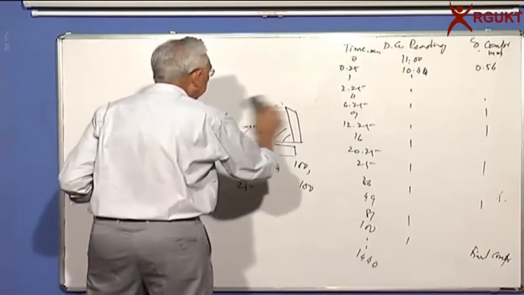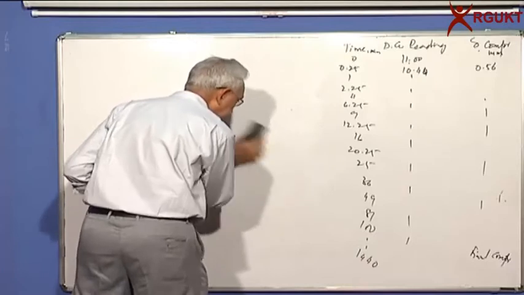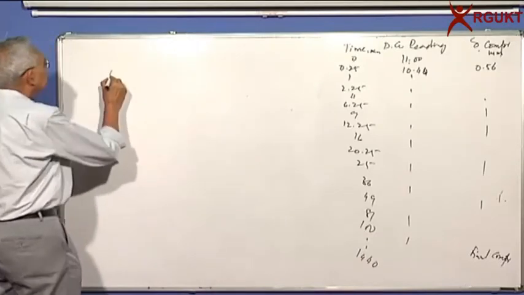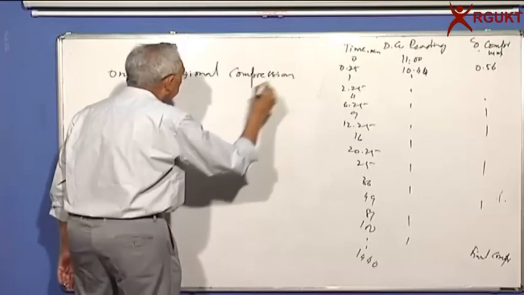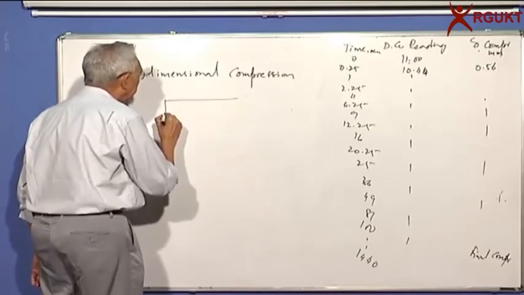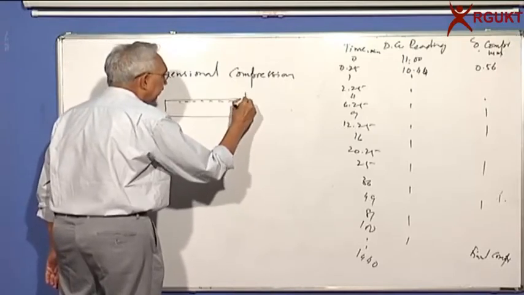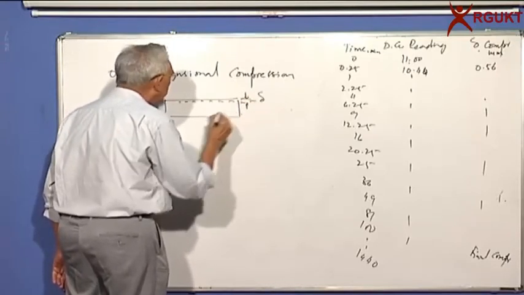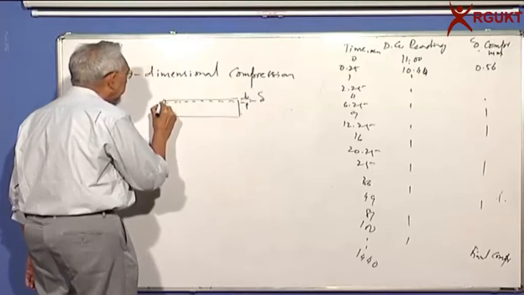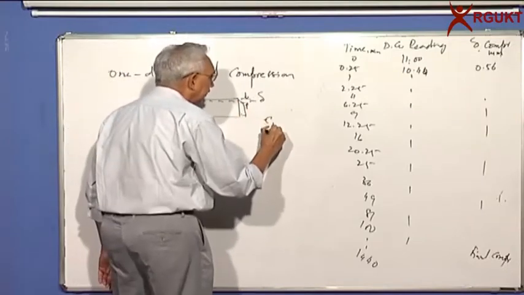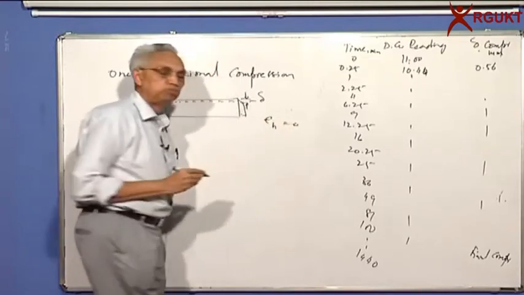If you remember, we said that this odometer test is called one-dimensional compression. The sample can deform only in the vertical direction, so the displacement delta is vertical. The sides are inside a rigid ring, so I would say the horizontal strain is 0.